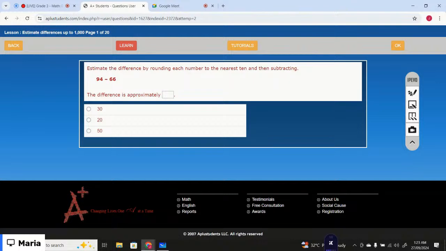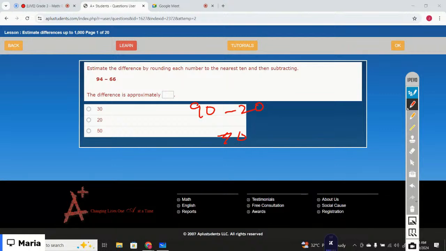Estimate the difference by rounding each number to the nearest 10 and then subtracting. They are 94 and 66, right? So start with 94. 94 is between two tens, 90 and 100, right? 95 is exactly the half, in the middle of both the tens. You have 94. 94 is less than half. So you need to round to the lower 10, 90. Then for 66, 66 is between 60 and 70.